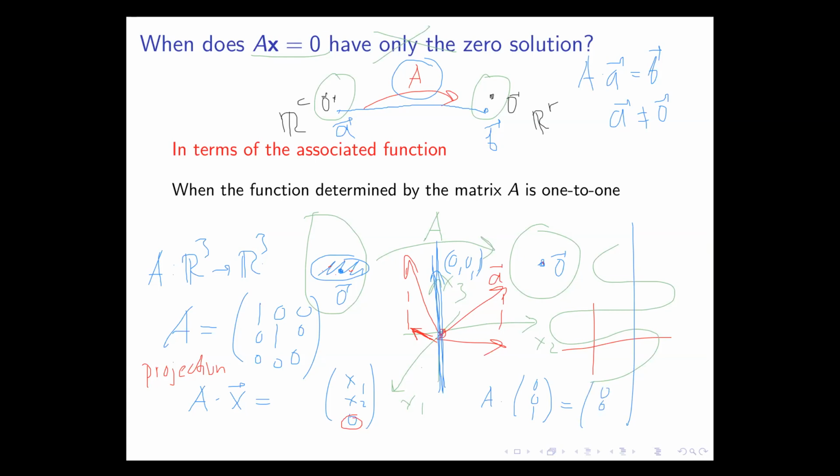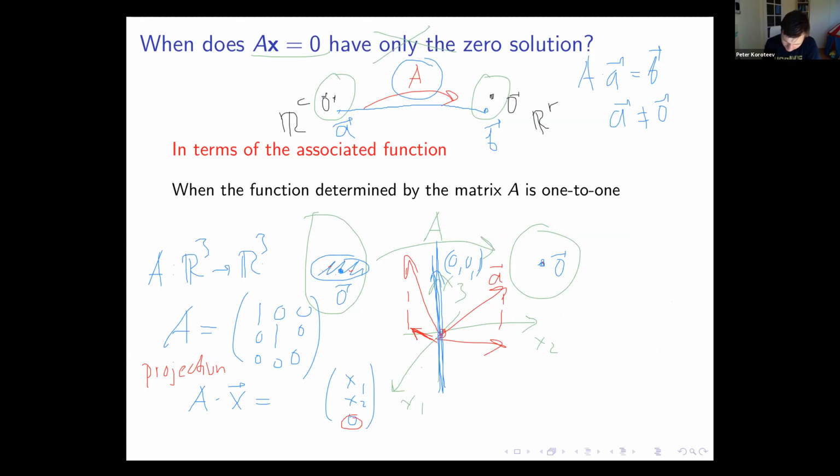You know how to multiply a matrix by a vector, right? Let's erase this and multiply the matrix 1, 0, 0, 0, 1, 0, 0, 0, 0 by the vector 0, 0, and let's put any value A. What are the components of this vector?